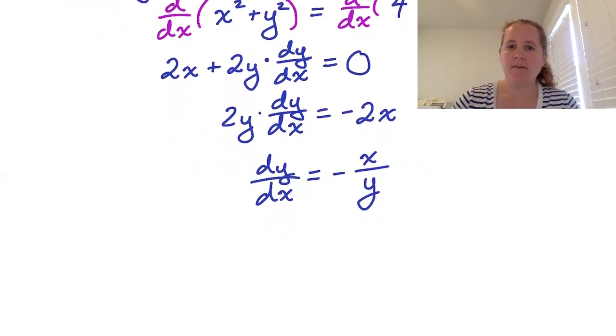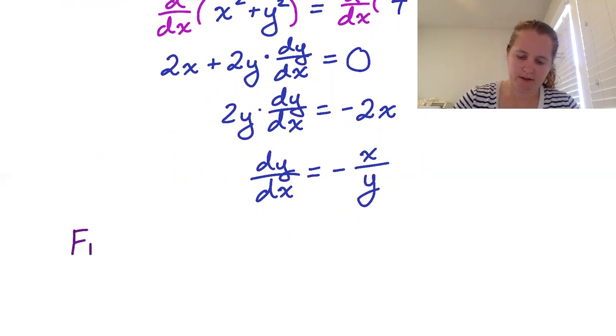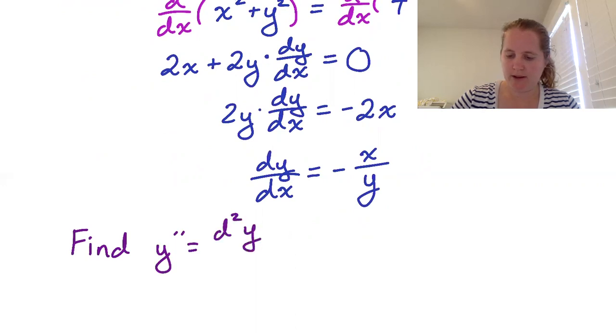So now we're going to differentiate this again. Now we'll find y double prime, or d squared y dx squared.